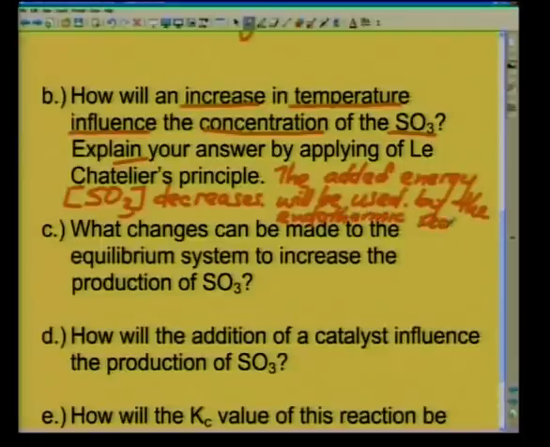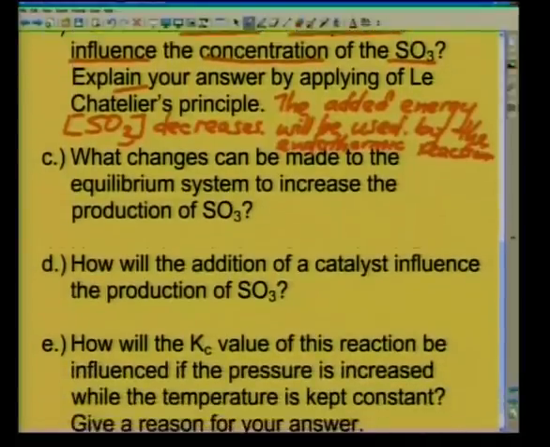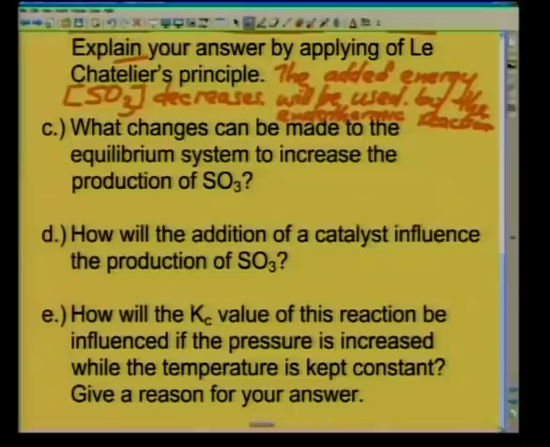The added energy in terms of the increase in temperature will be used up by the endothermic reaction, because we know exothermic reaction gives off energy, so it doesn't want to take more energy. What takes energy is endothermic.